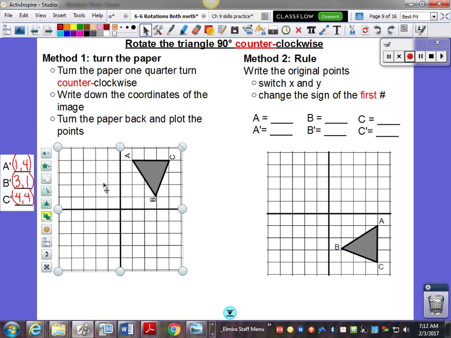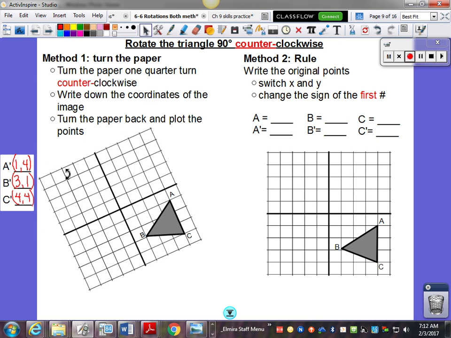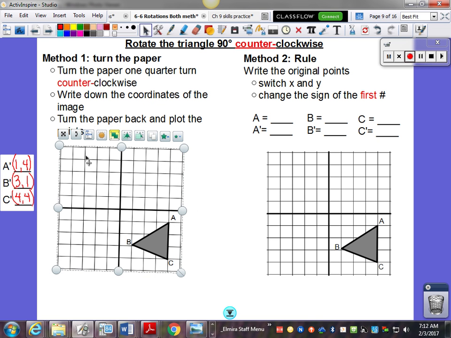And then I'm just going to turn it back and plot those points. 1, 4 is my A prime. 3, 1 is my B prime. And 4, 4 is my C prime.